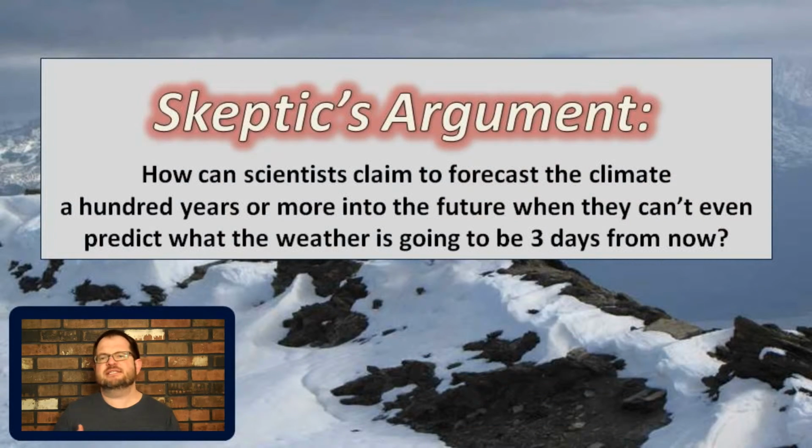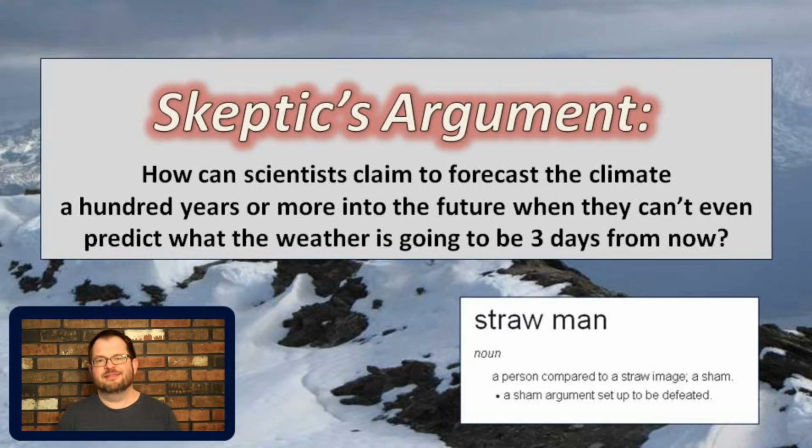In fact, somebody who is skeptical about the idea that we can use numerical models to understand the climate could argue, well, how can scientists claim to be able to forecast the climate 100 years or so into the future when they can't even predict what the weather's going to be doing 3 days from now. Now, let's be fair here. This is a bit of a straw man argument. You guys know what the word straw man means?